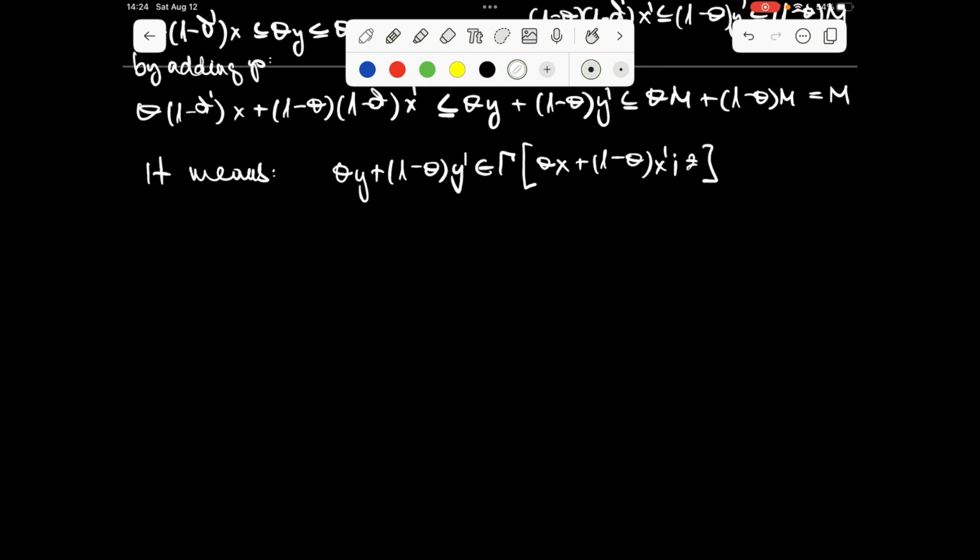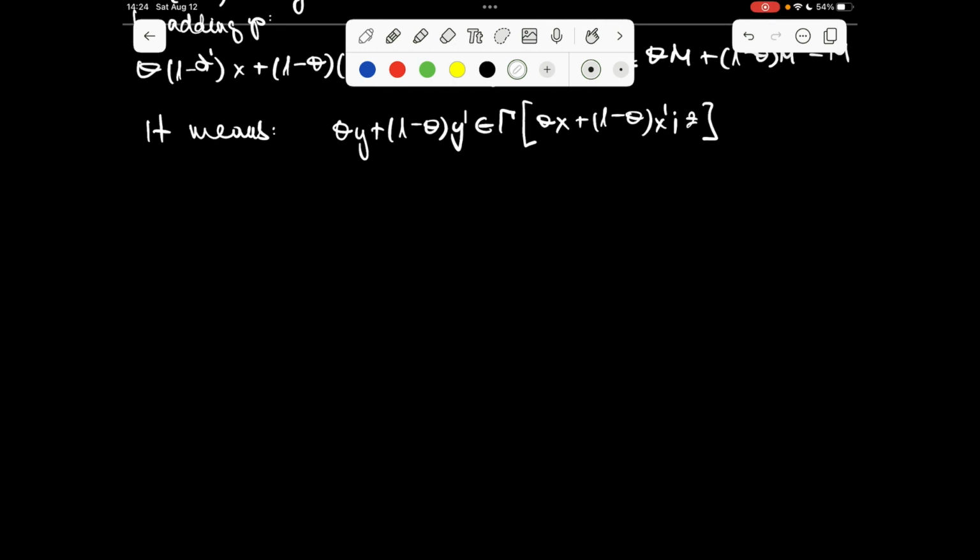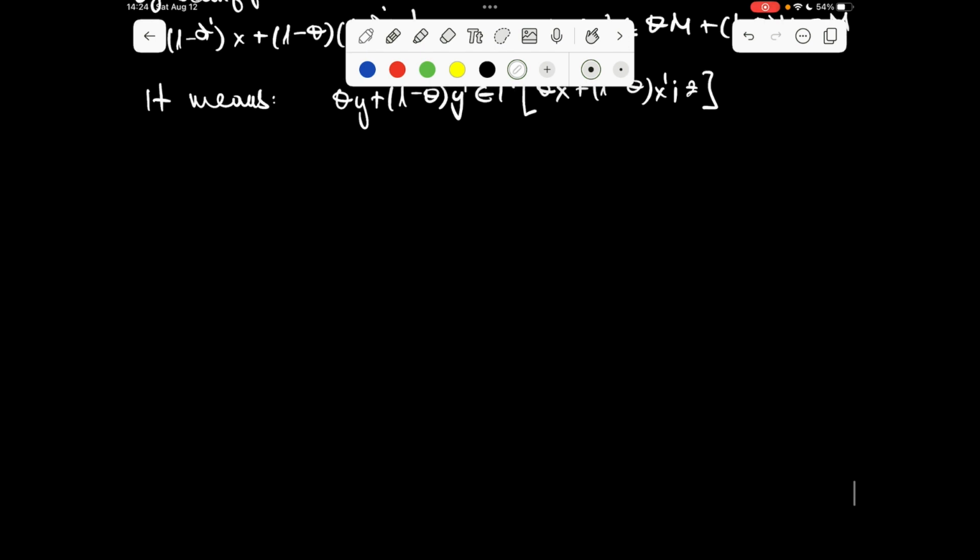So we need to show that value function v is strictly increasing in z, in the second variable. To this end, we need three assumptions.